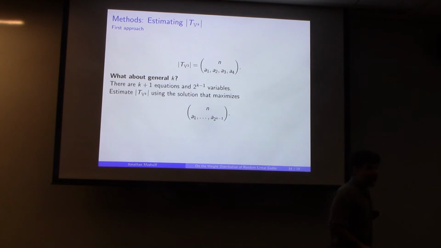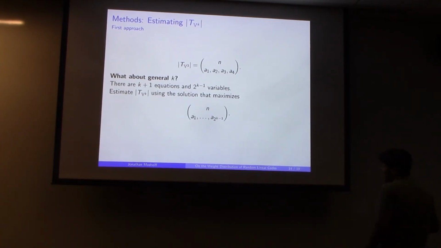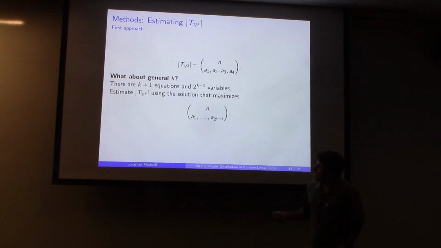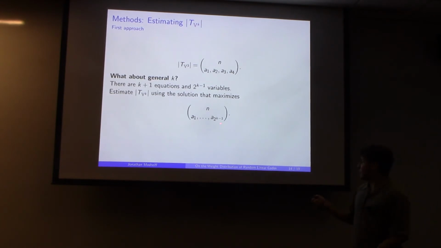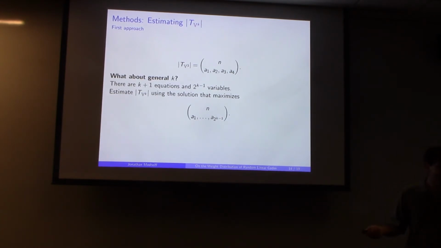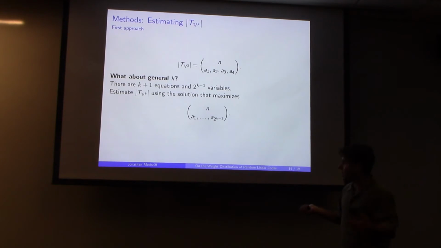and take the multinomial coefficient for each of them. And the best that we actually know how to do is to just estimate that: take the solution to the equations that maximizes this multinomial coefficient and take this as some reasonable estimation.